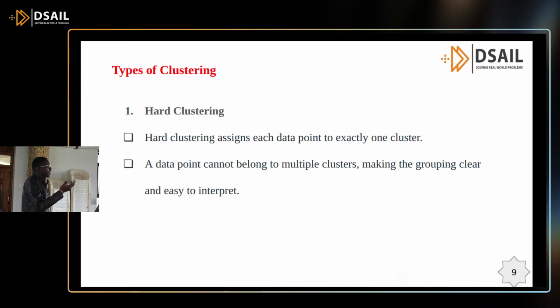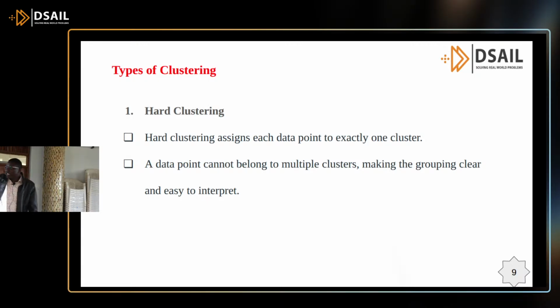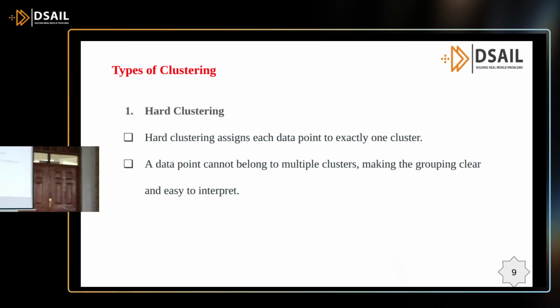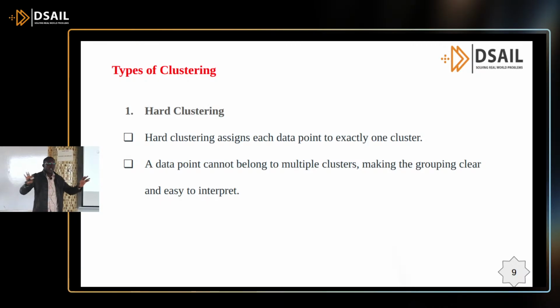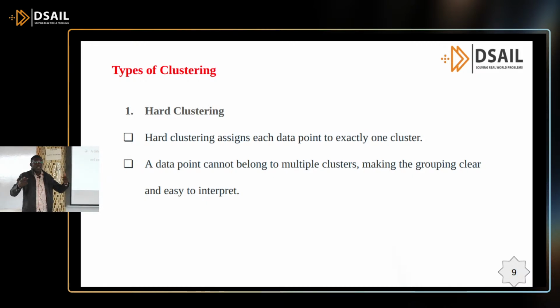One is hard clustering, and hard clustering simply means that there is no intersection between clusters. For instance, the example that I just drew over there is an example of hard clustering. This simply means that the two classes are totally apart from each other, so there's no single point that falls in both classes.